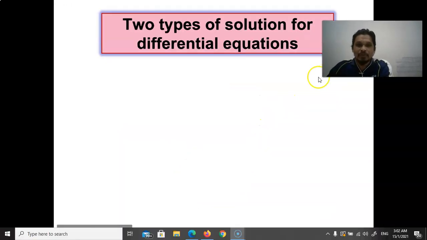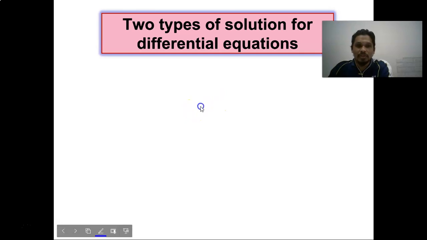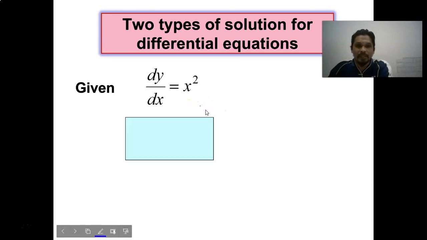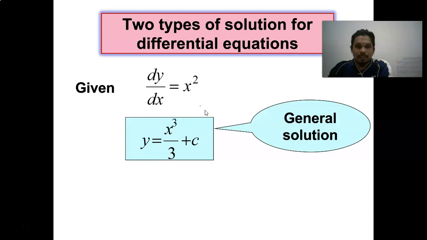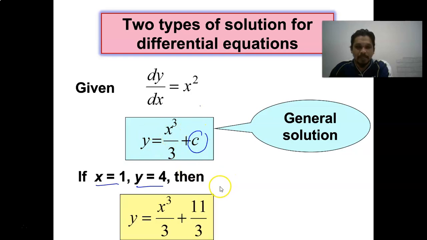So there are two types of solution for differential equation. The general solution, and then given x equal to 1 and y equal to 4 for the same function, we substitute y and x, and it gives us the value of c.